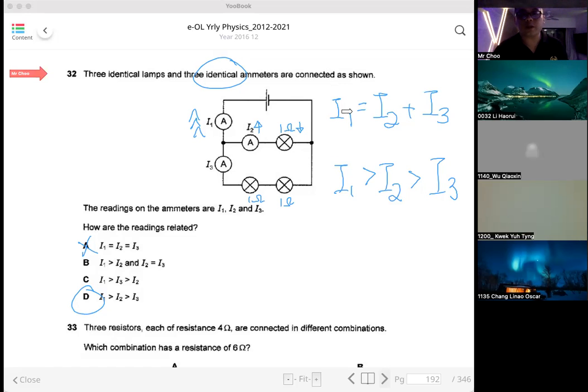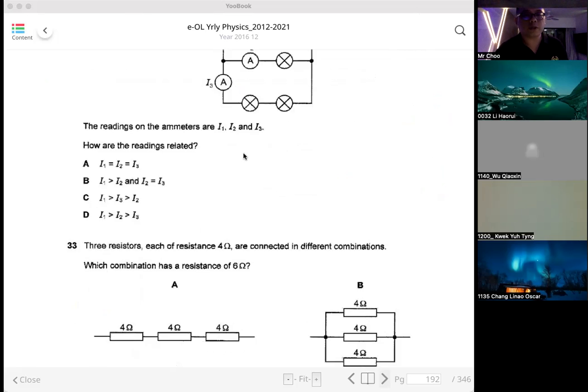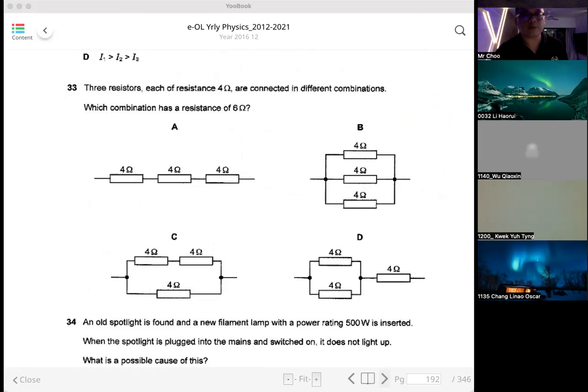Okay, let's do question 33. You all may begin question 33. Okay, start now. Yiting, give me the answer for the A3.